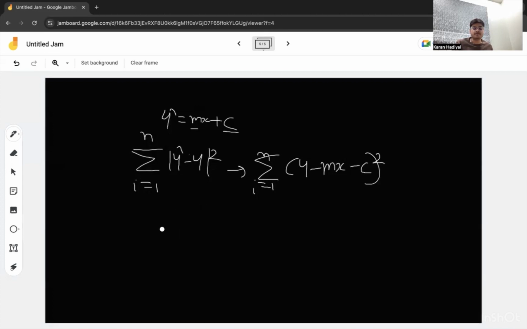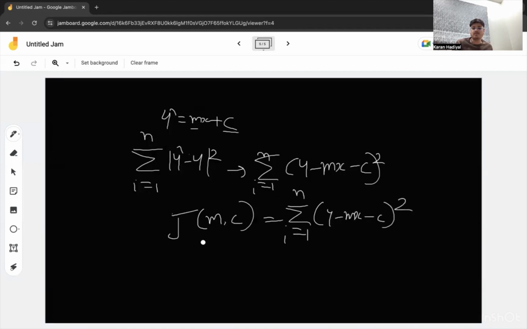So we can write this function as J of m and c equal to the sum over i equal to 1 to n of (y minus mx minus c) squared. So this is the loss function, or rather I would say the cost function. This is the cost function of linear regression.